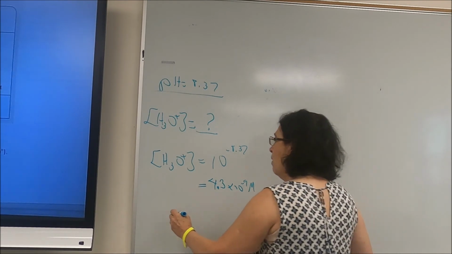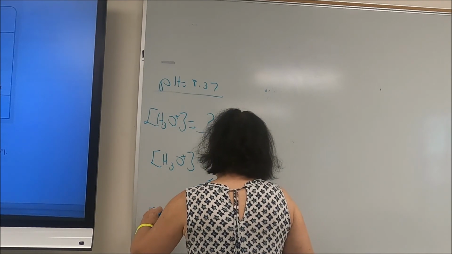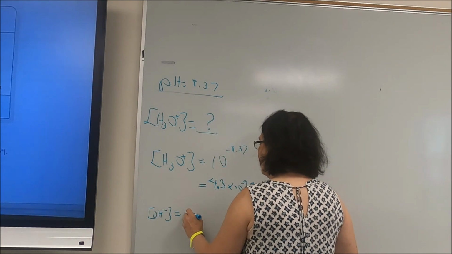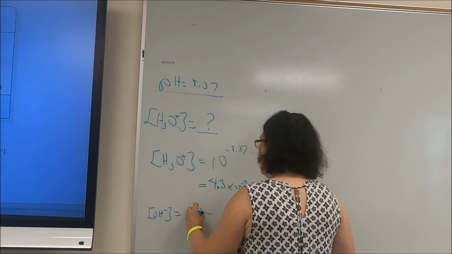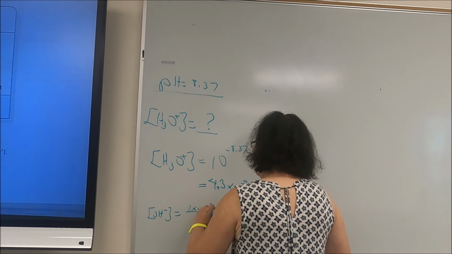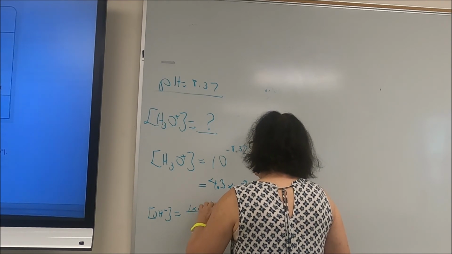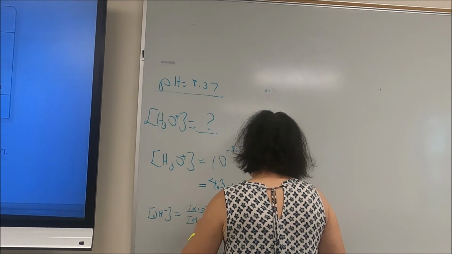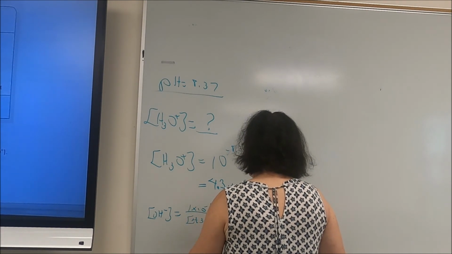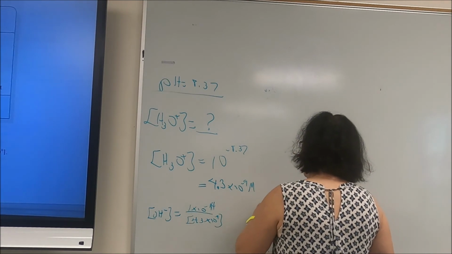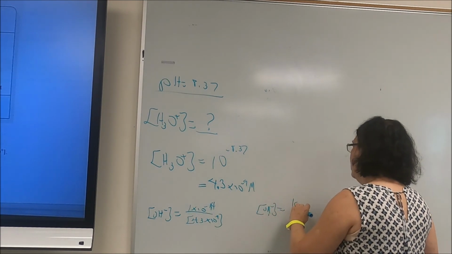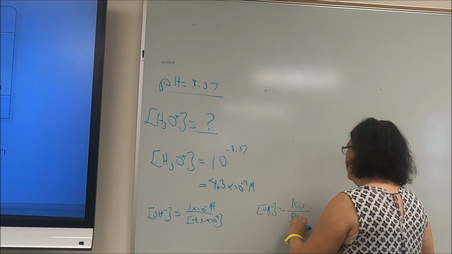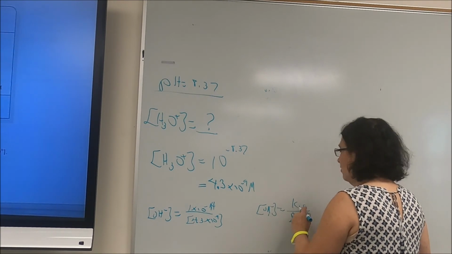Okay. If I now wanted the hydroxide ion concentration in here, there are a couple of ways I could do it. I could go 1 times 10 to the minus 14 divided by 4.3 times 10 to the minus 9, because remember, hydroxide ion concentration in solution equals Kw divided by hydronium ion concentration.